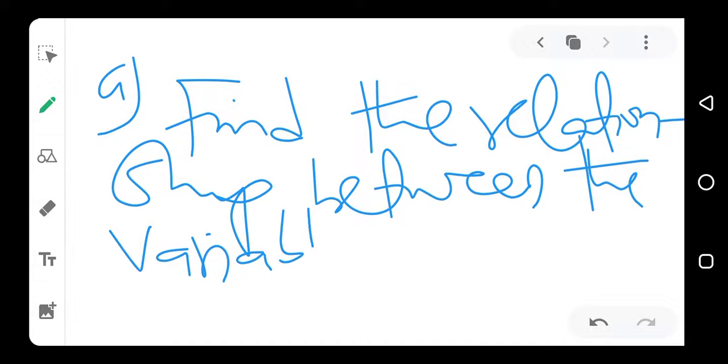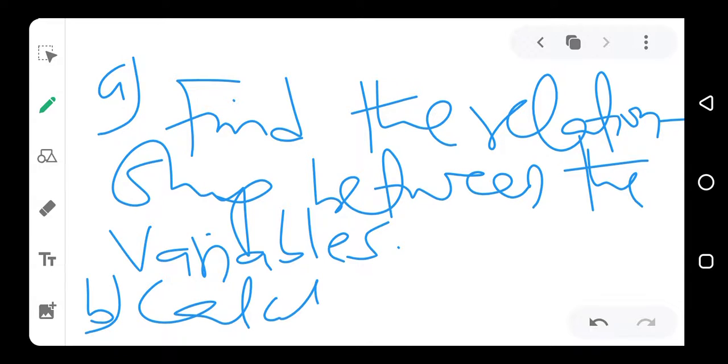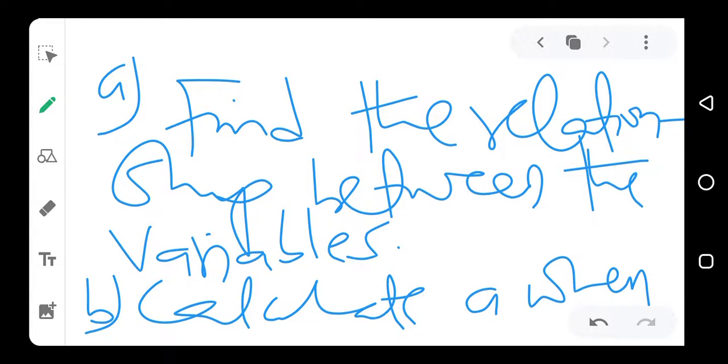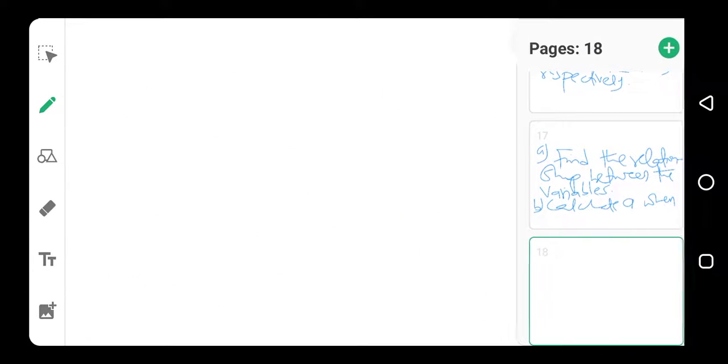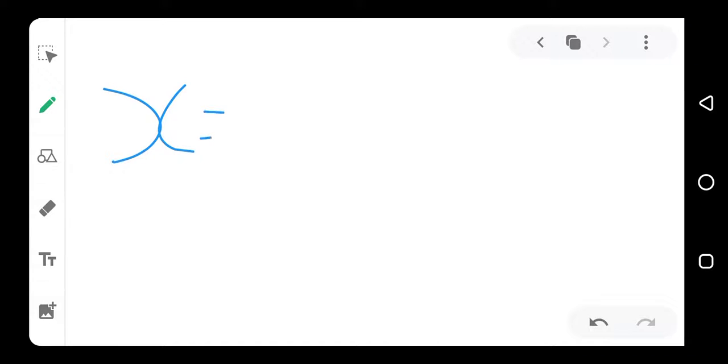B. Calculate A when x is equal to 5 and B is equal to 9.